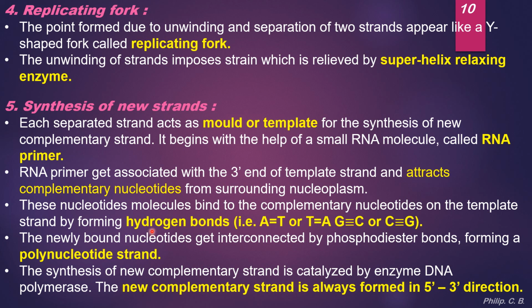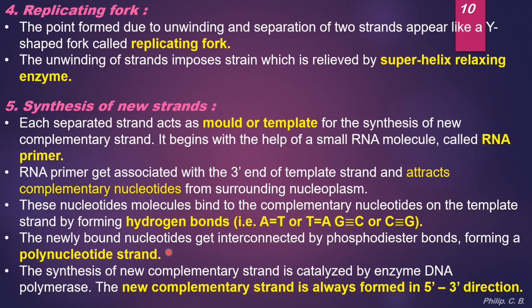So these nucleotide molecules bind to the complementary nucleotides on the template strand by forming hydrogen bonds. As I mentioned, the ATGC pattern can be either AT or TA or GC or CG, and AT or TA always you can see is a double bond, whereas GC or CG is a triple bond.